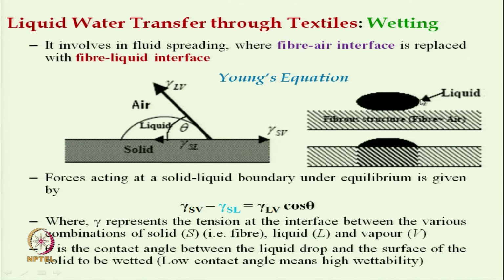So, during wetting this liquid penetrates immediately inside the structure, and after that another phenomenon will be there, that is called wicking, which will transmit this liquid from this place to another place, maybe in the cross plane or maybe along the plane.